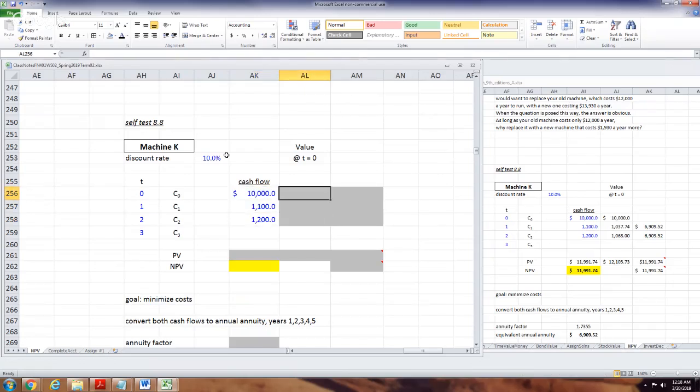And then you do this, the value at T0. For that, exponent 0, right? There it is. What happened here?